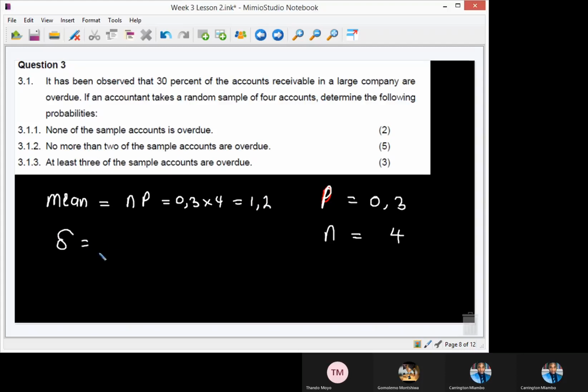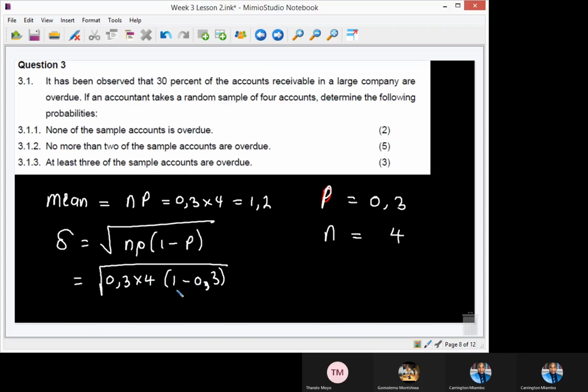And your standard deviation will be root of NP open bracket 1 minus P, which is 0.3 times 4 open bracket 1 minus 0.3 under the root sign, which gives you 0.9165.